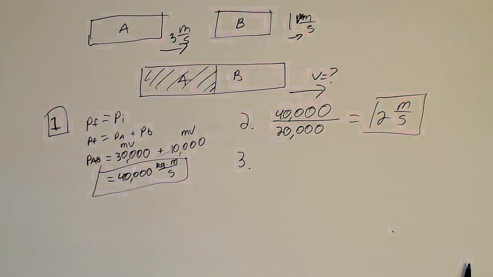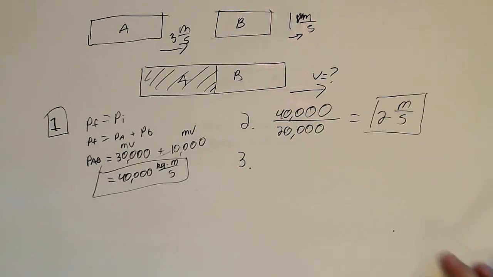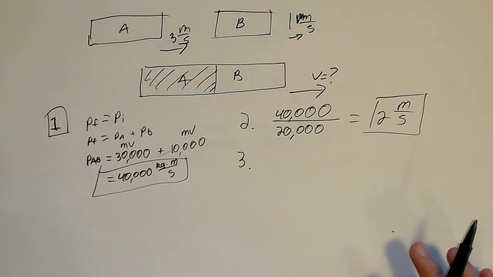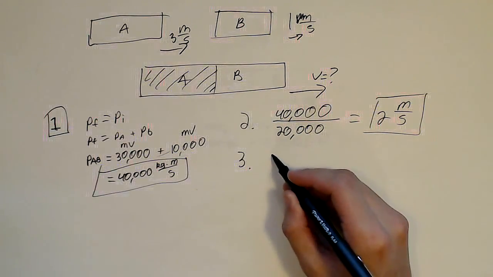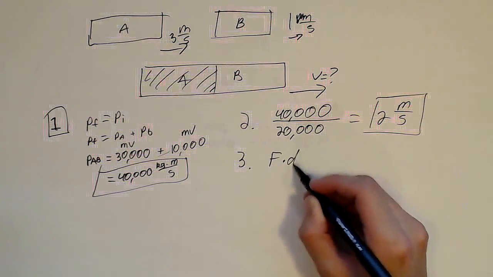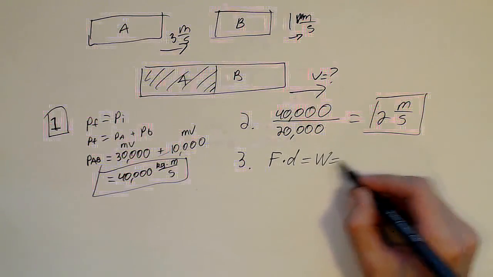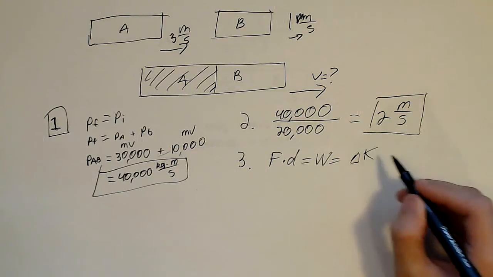The final question of this massive 4-page worksheet is, what force was applied to car B if the collision took place over 0.3 meters? And this is kind of a big jump in lots of equalities, but the only way we can relate distance and force is force times distance equals work, which is equal to change in kinetic energy.